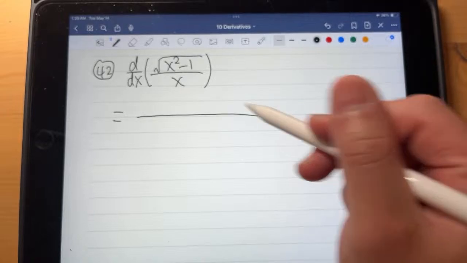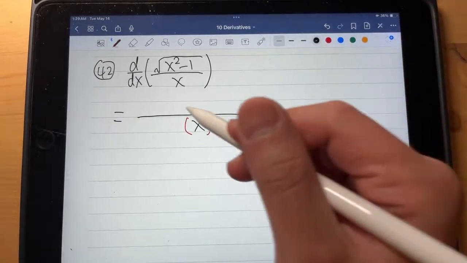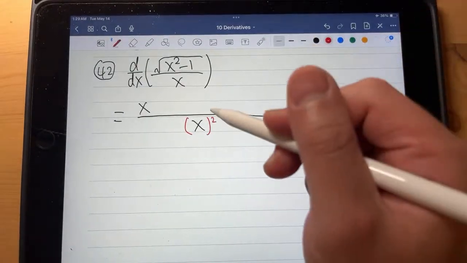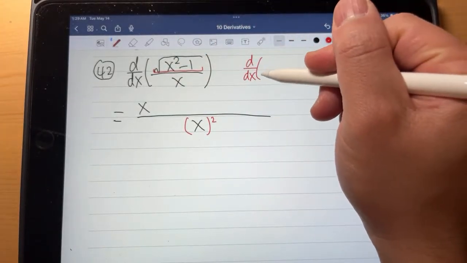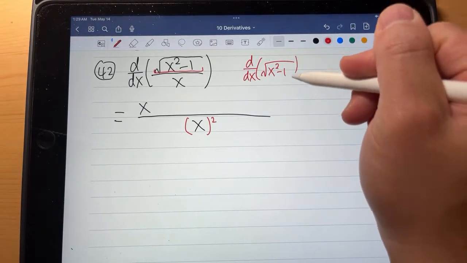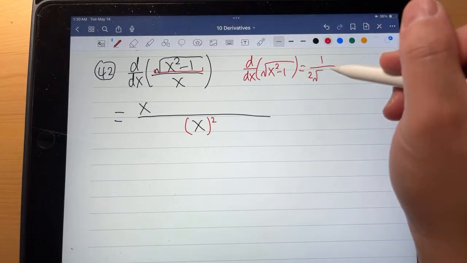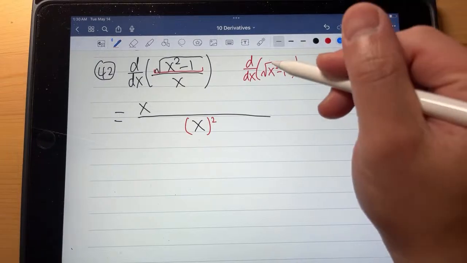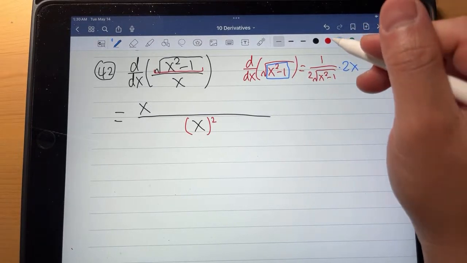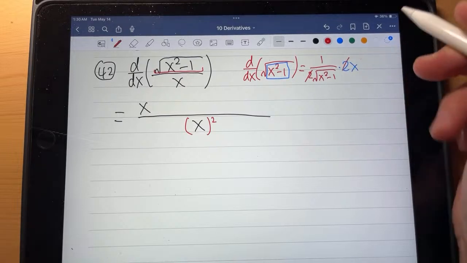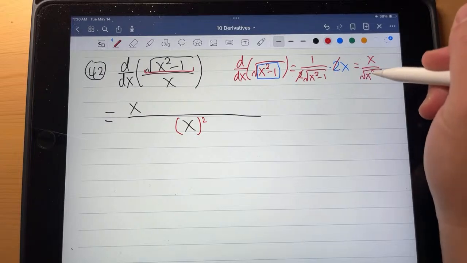Quotient rule in action. I'm going to square the bottom function right away, and then I will have the bottom function here times the derivative of the top. The derivative of square root of x squared minus 1, be careful, this is 1 over 2 square roots of whatever the inside is. And then look at the inside. The derivative of x squared minus 1 is 2x. So you multiply by that, and you can cancel out the 2. So that is x over square root of x squared minus 1.